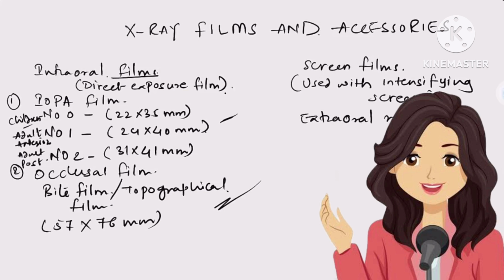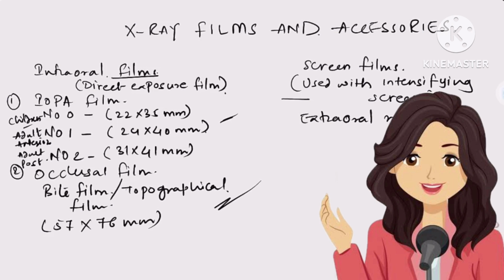Okay, now screen films. Screen films are what? They are used with intensifying screens. Intensifying screens are mostly used to take extraoral radiographs. So extraoral radiographs we take using this cassette. I'll show you the cassette. So we have screen films that we put into the cassette, and the intensifying screens are already incorporated into the cassette.